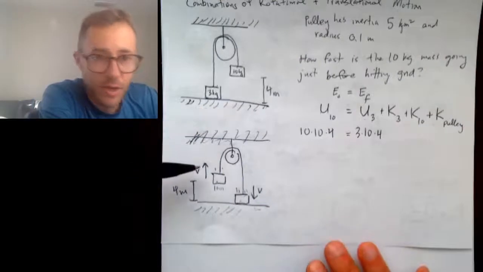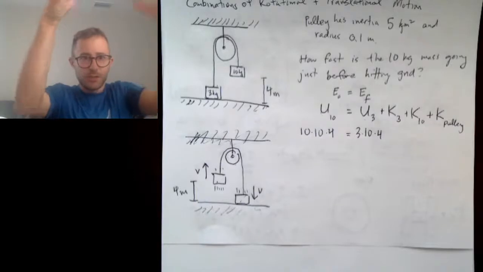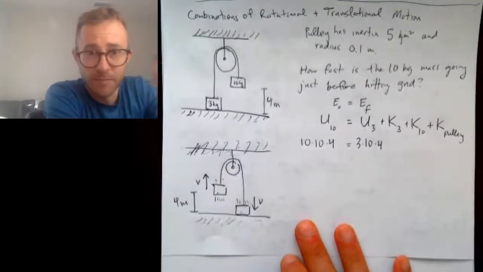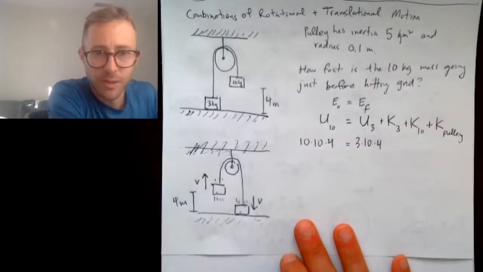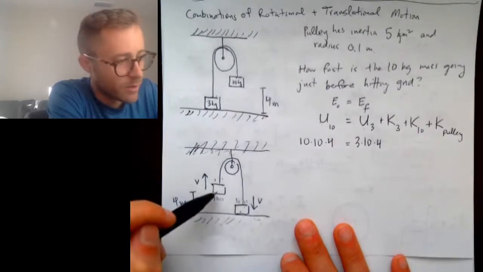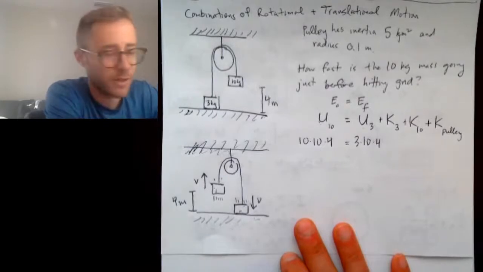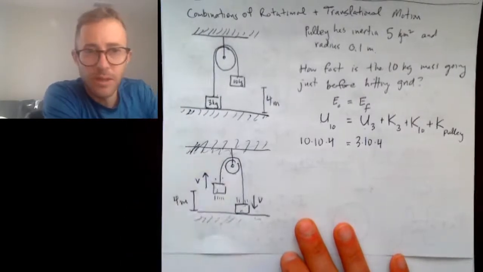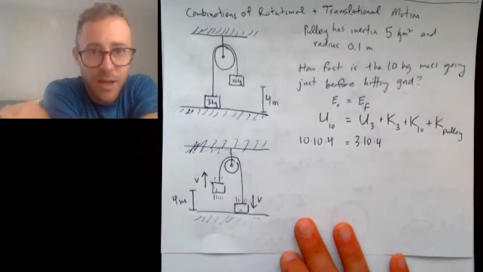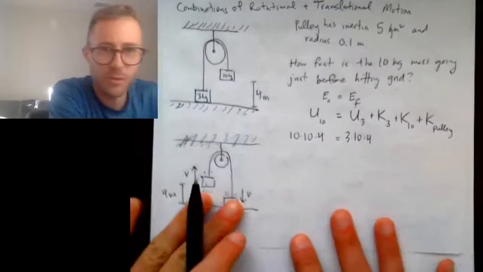Now, the 3 kilogram object, it is not rotating. It's translating upward. So this is what I was getting at, is we have the pulley is rotating, but the two masses are translating. So the appropriate energy for these ones are going to be just 1/2 mv squared, just translational kinetic energy. Whereas the pulley is rotating, so its kinetic energy is 1/2 I omega squared. You get what I'm saying? So I hope you do. This is a little bit tricky.